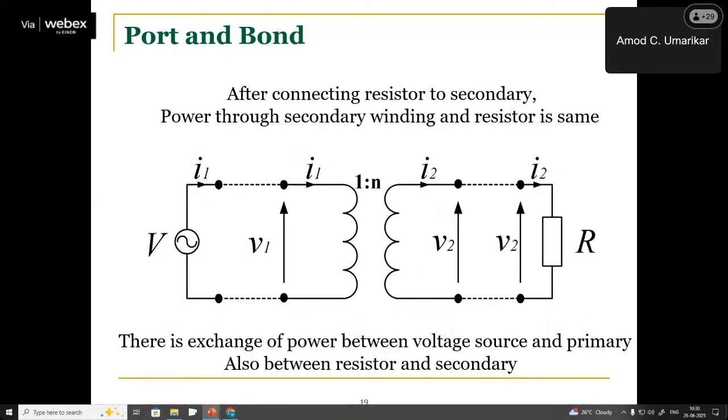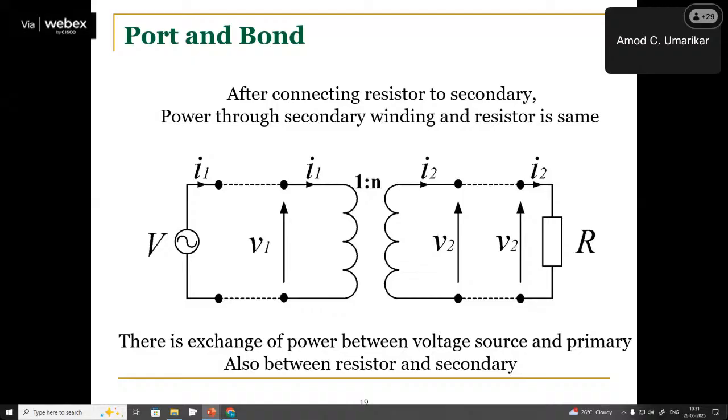Similarly, if you connect a resistor at the secondary, the power through the secondary winding and resistor is the same. Therefore, there is an exchange of power between the voltage source and primary, and between the secondary and the resistor, right?